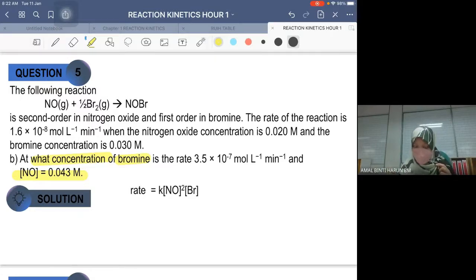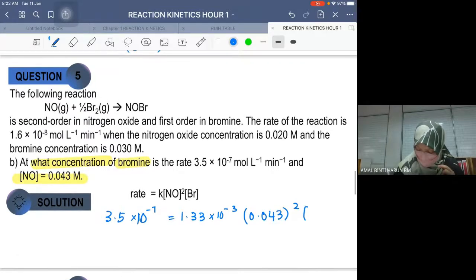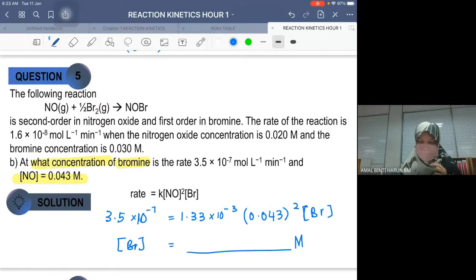We have the rate, so we put it in: 3.5 times 10 to the power negative 7 equals k, which we got earlier as 1.33 times 10 to the power negative 3, times the concentration of NO, 0.043, squared, times the concentration of Br that we want to find. Therefore, the concentration of Br, which must be in molarity, is 0.14 molar.